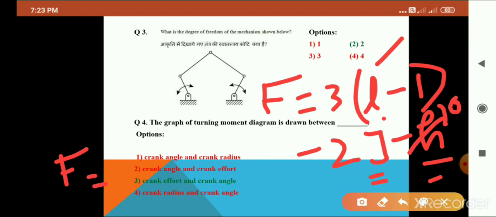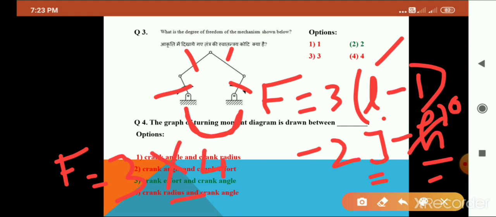So let's calculate the value of F. F equals, number of links 1, 2, 3, 4, and the fixed link, all fixed links will count as one link. So the total number of links is 5. So 3 into (5 minus 1), which equals 12, minus 2J.